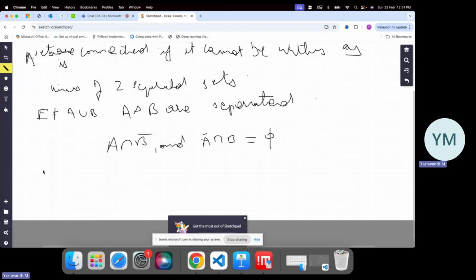So the question at hand is: is Q in R connected?